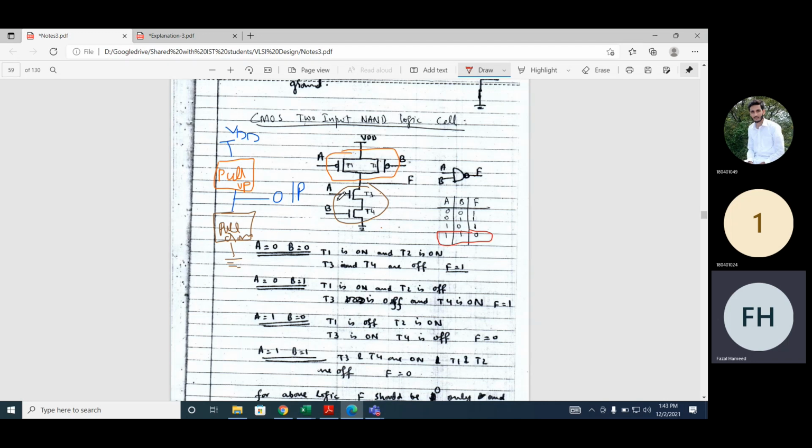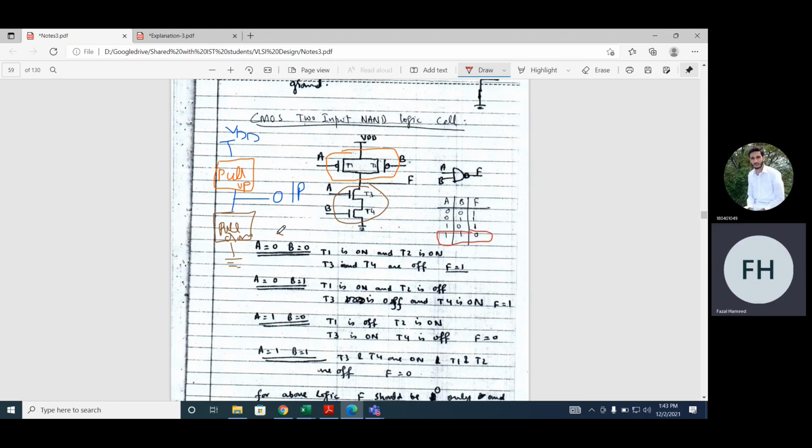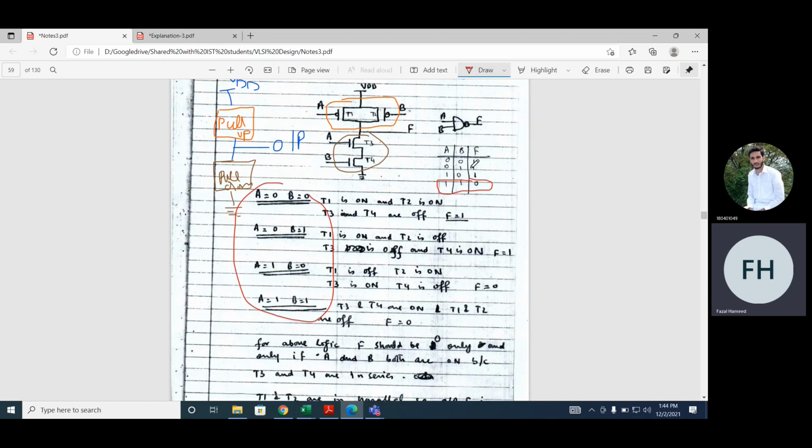So when A is 0 and B is 0, both T1 and T2 are on, so the output will be connected with VDD. When A is 0, T1 is on. So there are 4 different possible combinations, and if you look at the output, you can verify that it implements a NAND gate.